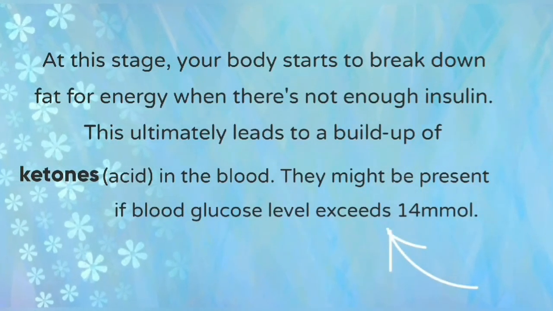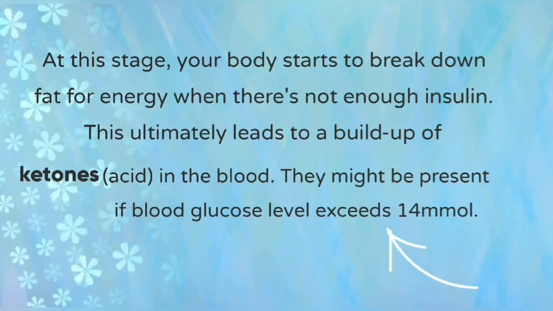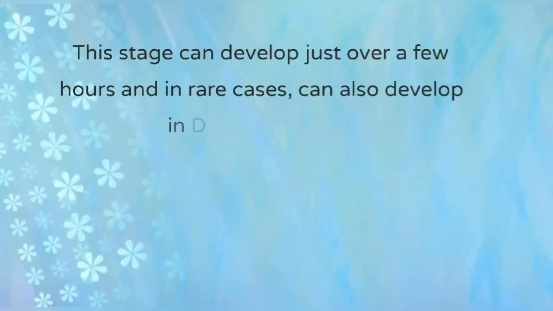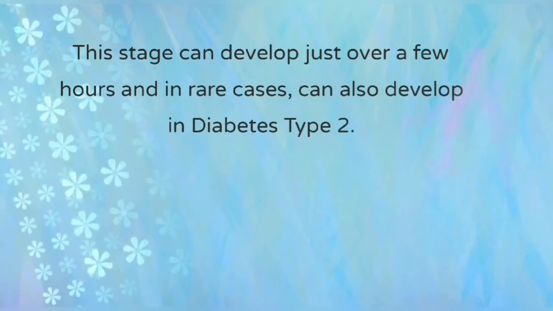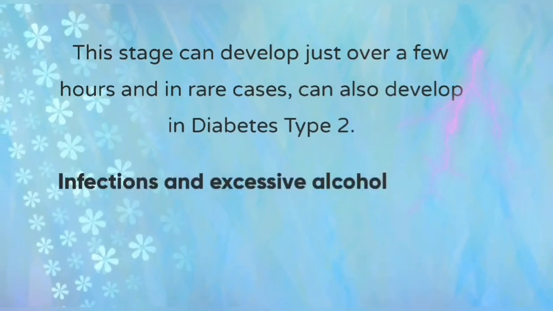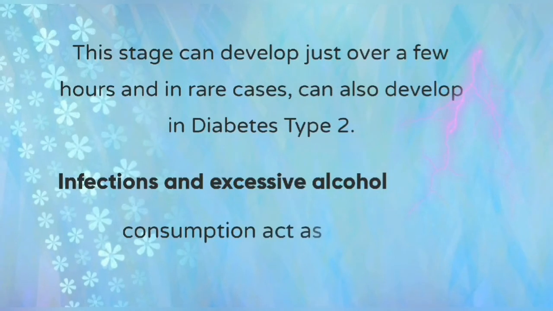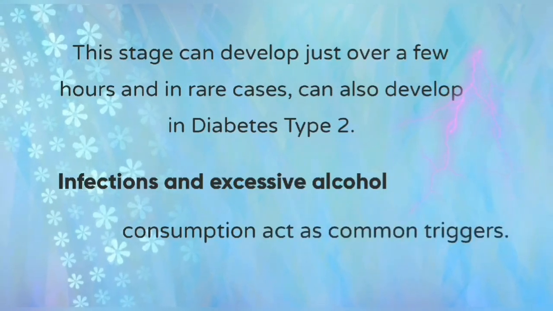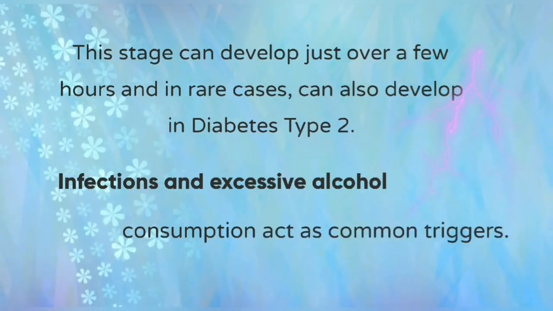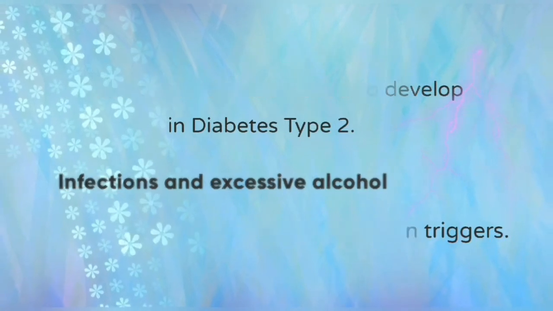They might be present if blood glucose levels exceed 14 mmol. This stage can develop very quickly, sometimes over just a few hours, and in rare cases can also develop in diabetes type 2. Infections and excessive alcohol consumption act as common triggers.